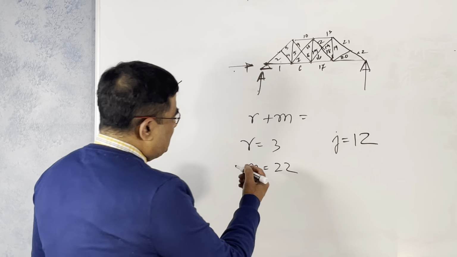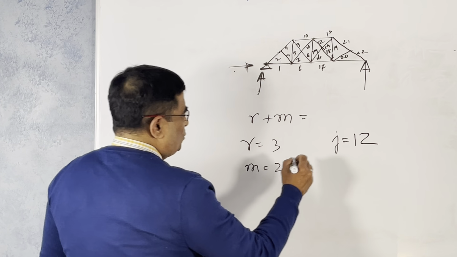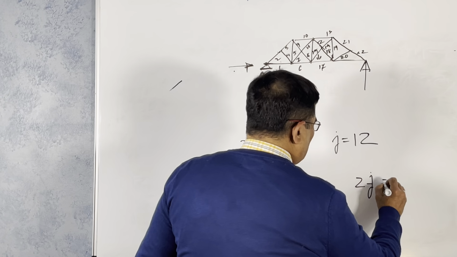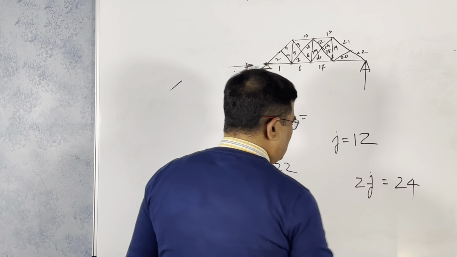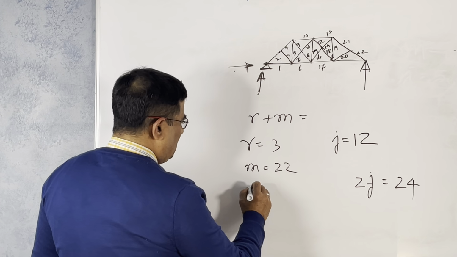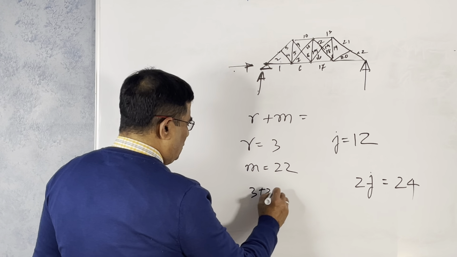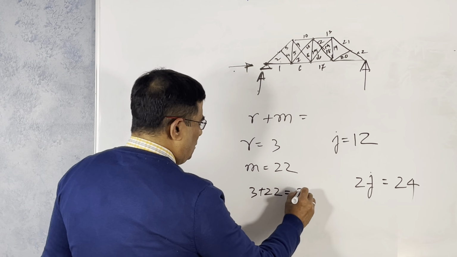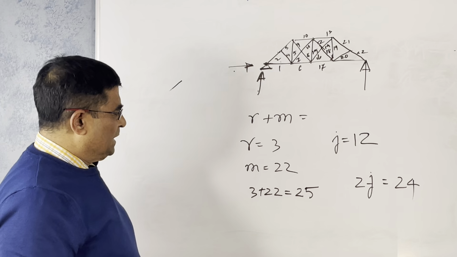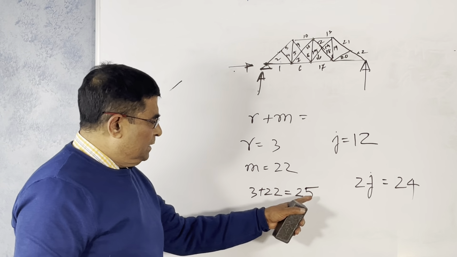Now see the equations. 2J equals 24, right? And R plus M, 3 plus 22, is equal to 25, right? So it is indeterminate.